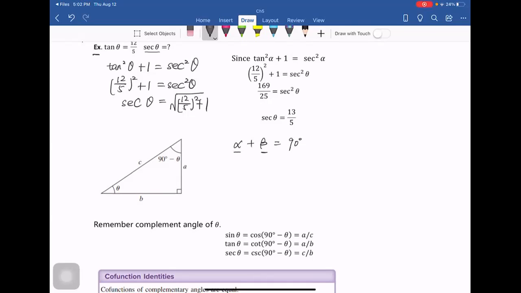In a right triangle, for example this picture, the sum of the three angles should be 180 degrees. If this one is a right angle, that is 90 degrees, that means this one plus this one is 90 degrees. So if this one is theta, this one should be 90 degrees minus theta.